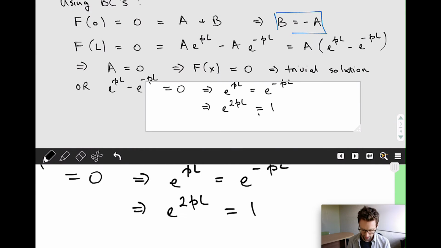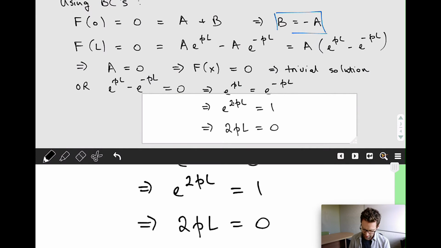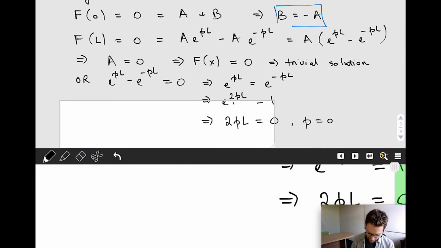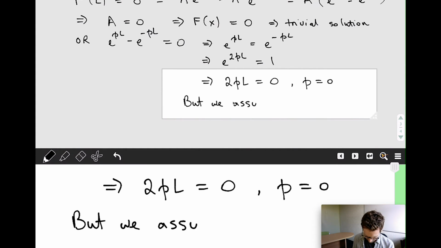Now you notice that I've got e to the something is equal to 1. And the only way I can have e to the something equal to 1 is if that something is equal to 0. Now L can't be 0, obviously 2 isn't 0, so p has to be equal to 0. But we already assumed that p was not equal to 0.